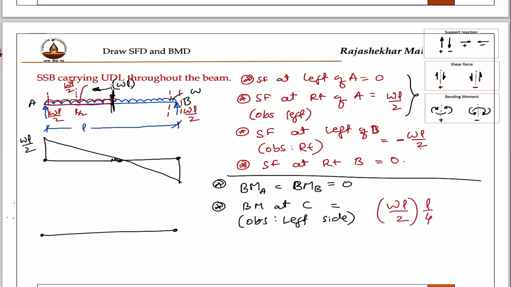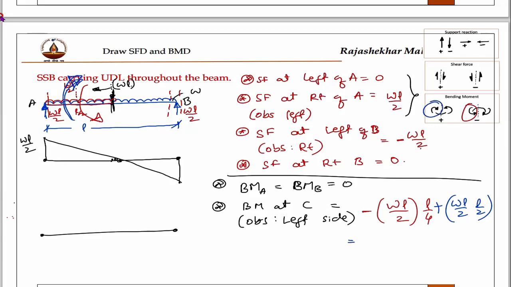This WL by 2 is causing moment in this direction, that is resembling with this, negative. And another force is there here, that force is WL by 2. This WL by 2 is also causing a moment, but this time the distance is L by 2, and this is positive because this arrow mark resembles with this one.